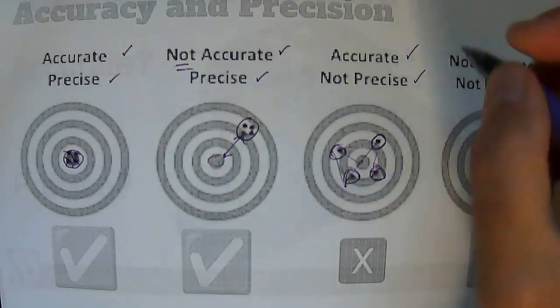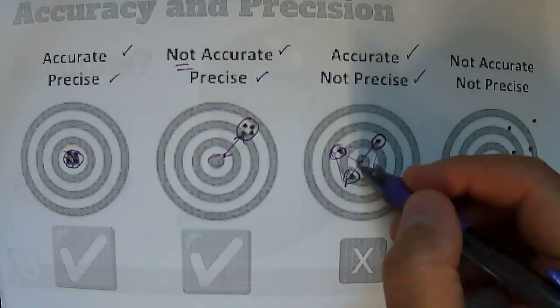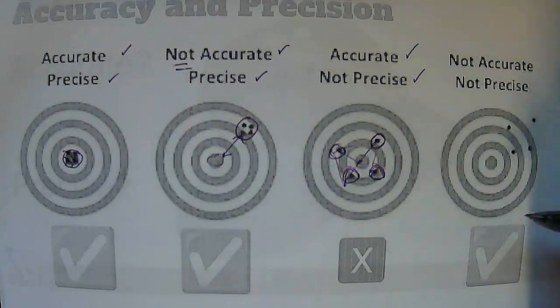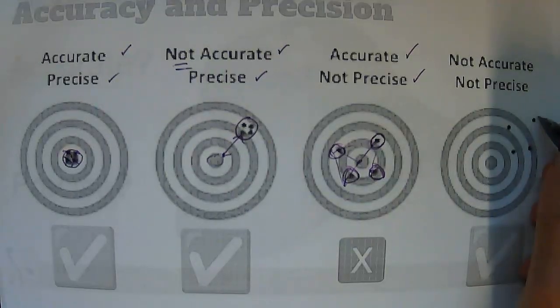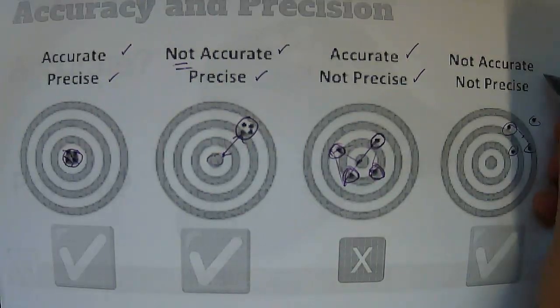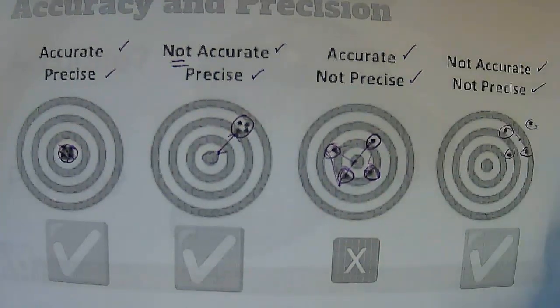So they're saying that this is accurate because the visual average of these is in the bullseye. Okay, so this is accurate but not precise. And the last one, you'll notice that these 4 are all spread out, and the middle of them is not the bullseye. So this is not accurate and not precise.